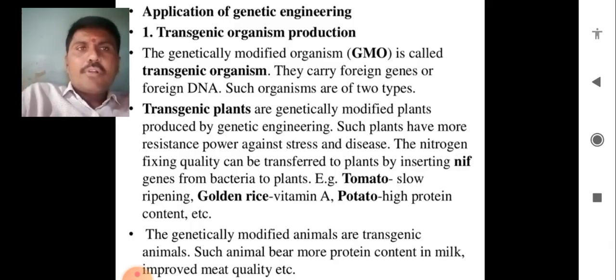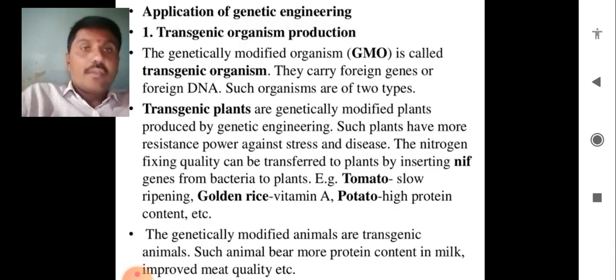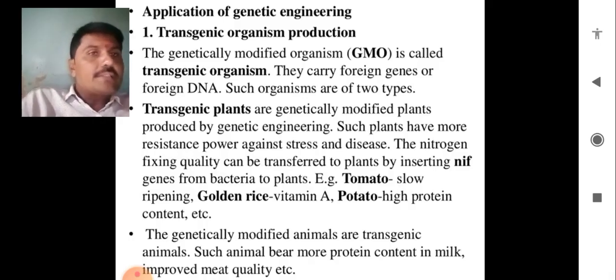Genetically modified organisms, that is GMO, are also called transgenic organisms. They carry foreign genes or foreign DNA. Such organisms are of two types. One is the transgenic plant.